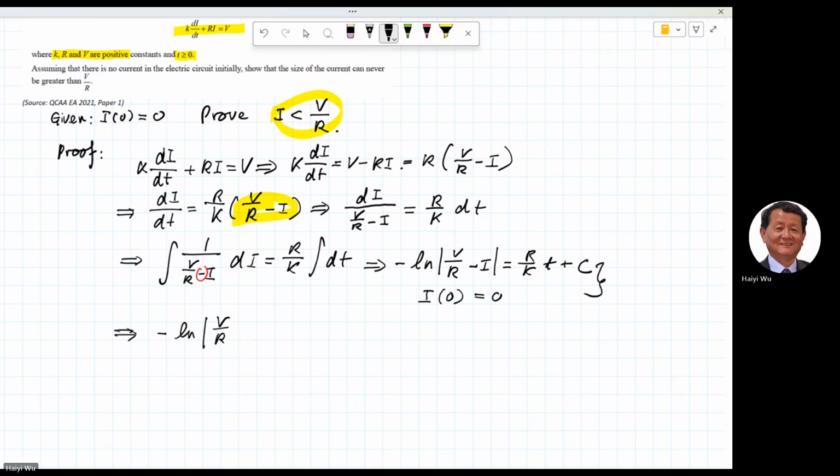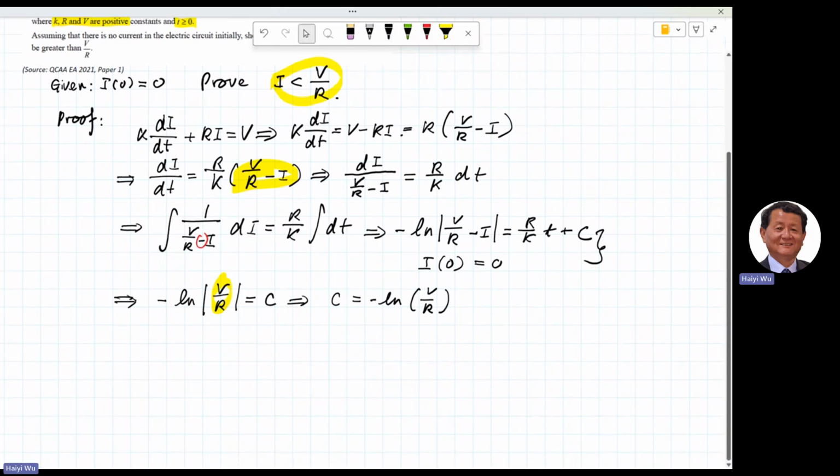So that's a 0. The left-hand side becomes that, and the right-hand side becomes C. So C is this. Now because R and V are all positive, you don't need an absolute value, because those two values are positive. So C eventually will be negative log of V over R. All right, we're going to substitute.